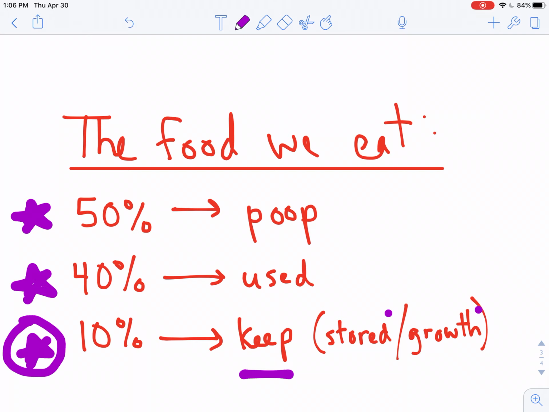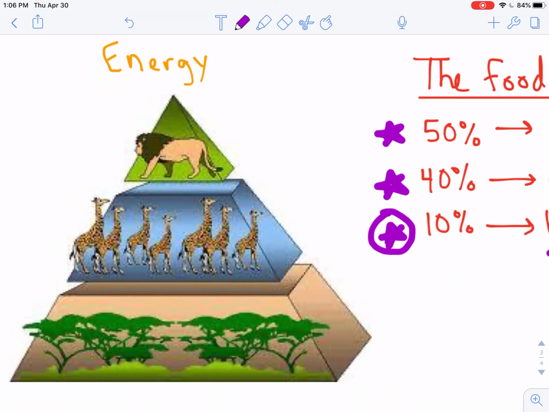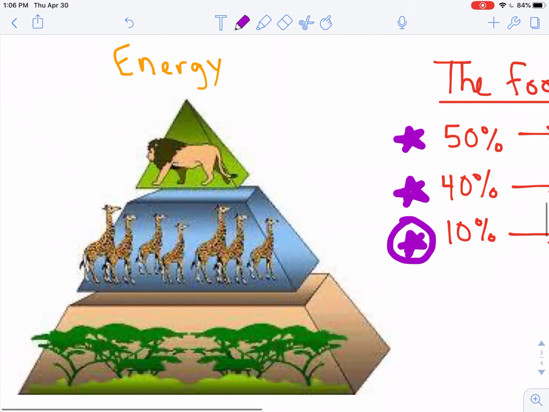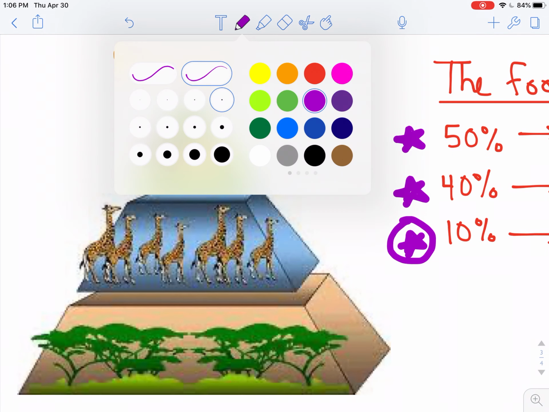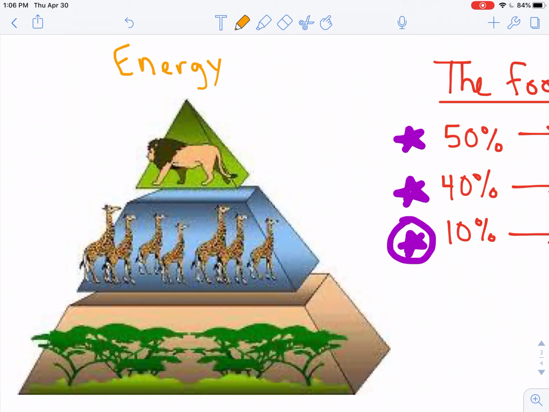Okay, so only 10% of the energy that is in the food that we eat actually stays in our body. So that means that if we think about the shape of a pyramid, that is going to be helpful for us to understand the steps of the food chain representing different amounts of energy.